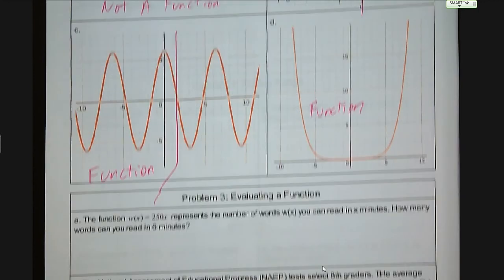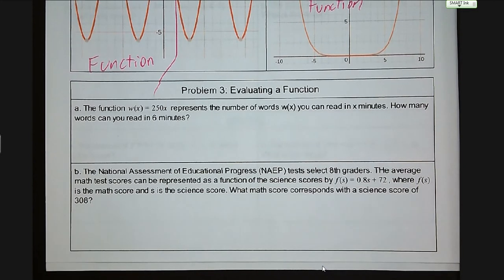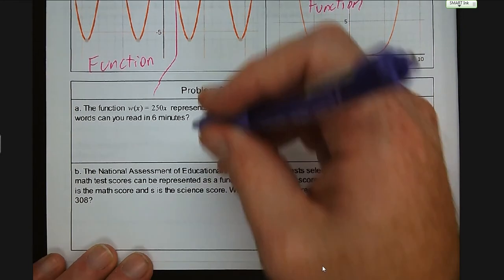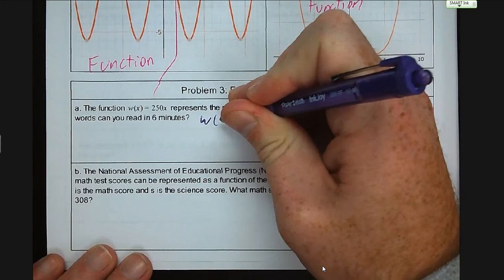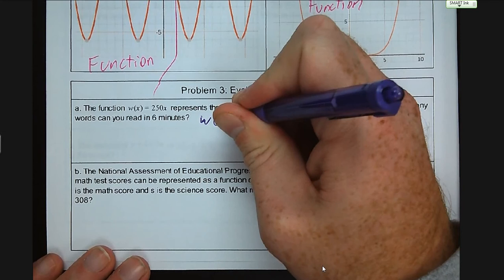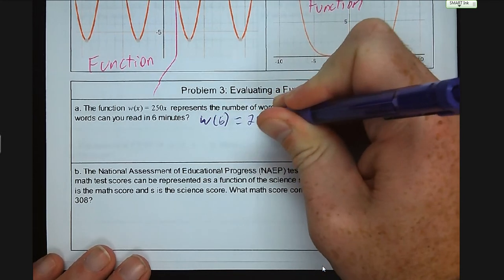All right. Problem number 3, evaluating a function. So the function w is equal to 350x represents the number of words that you can read in x minutes. How many words can you read in 6 minutes? So the way we write this in function notation, so w of x replaced our y. So we have w of 6 is equal to 250 times 6.